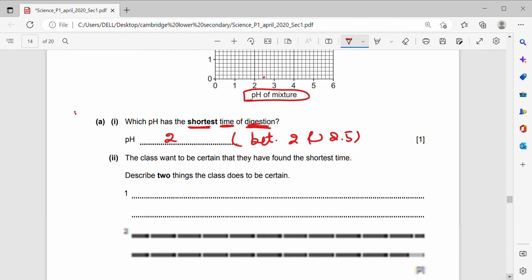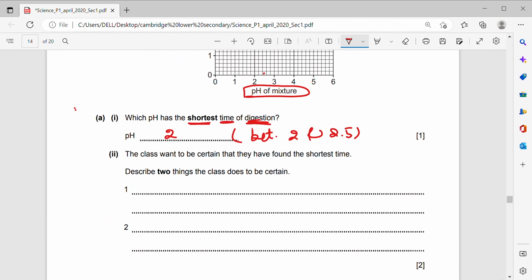Next one. The class want to be certain that they have found the shortest time. Describe two things the class does to be certain. طيب. يبقى عندي هنا they want to be certain about إن ده shortest time. What can they do?